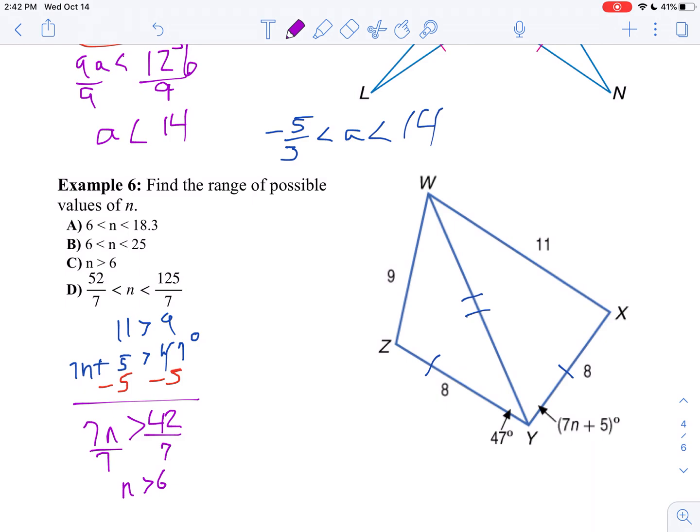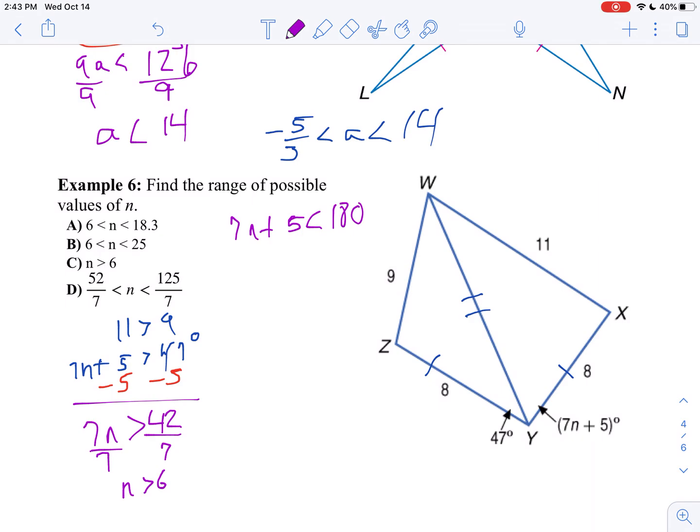Now, just like before, n is going to be bigger than 6, but there is a limit to how big my angle can be. How big can your angle be? Well, it can't be any bigger than a straight angle, so we know 7n plus 5 is less than 180.